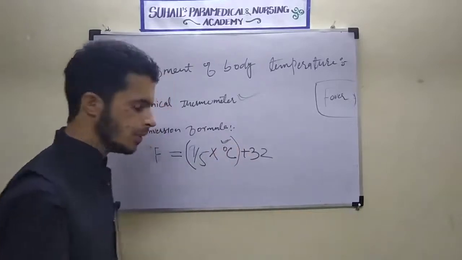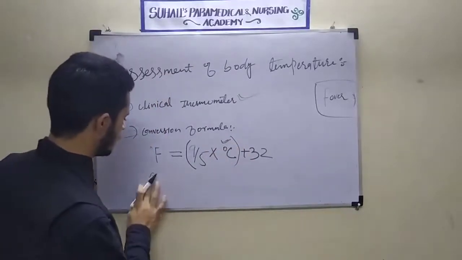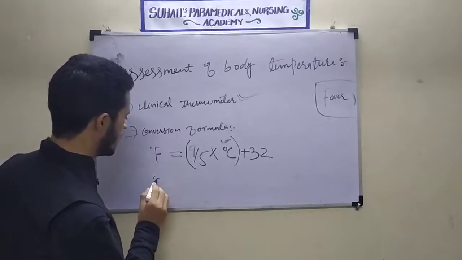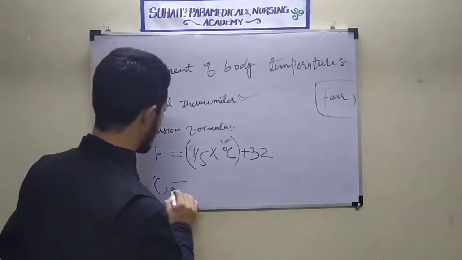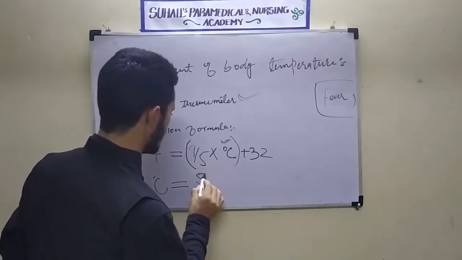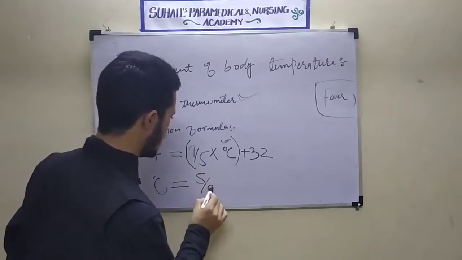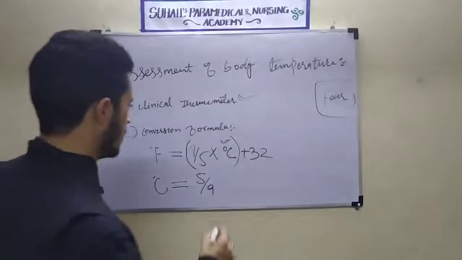If degree Fahrenheit is given and we have to find degree Celsius: degree Celsius is equal to 5 by 9 into degree Fahrenheit minus 32. This was 9 by 5, and this is 5 by 9.